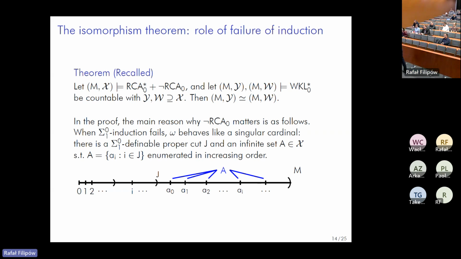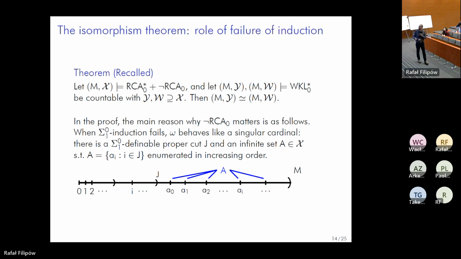So let's first try to say a little bit about the proof without getting into details, of course. So again, the theorem says that if you've got a model of computable comprehension, so a computable property of numbers corresponds to a set, and in the set theoretic universe, in the second order structure, you have a set such that Σ1 induction fails relative to that set, and it's countable, and you extend it in two different ways to two set theoretic universes satisfying weak König's lemma, say Y and W, then Y and W will be isomorphic.